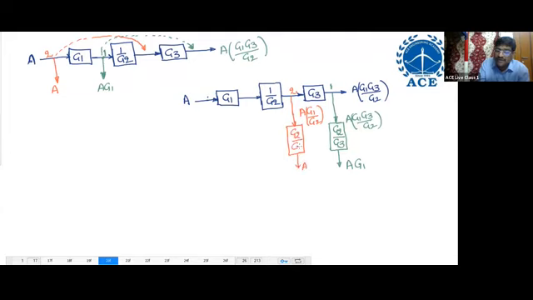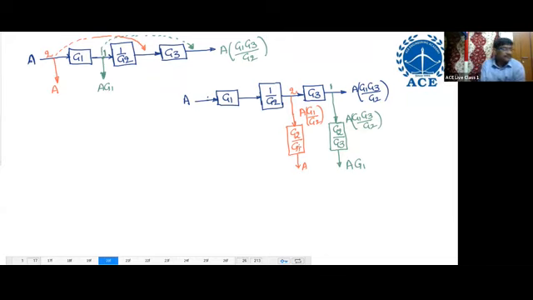G2 by G1. So like this you have to write the equivalent block diagrams. Okay? The output should not change. Finally, the output should not change. Be remember, the output should not change.